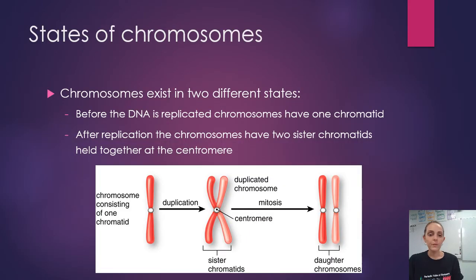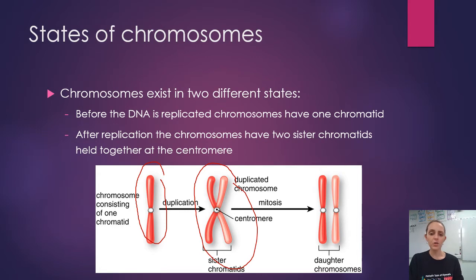Now, one point of confusion when we start looking at cell division is looking at the different states that chromosomes exist in. And we're really used to seeing chromosomes drawn in this fashion in the middle here, which is actually how chromosomes exist after they've been copied. In the cell, normally, we have chromosomes existing of one singular chromatid, which is basically like a half of a chromosome.